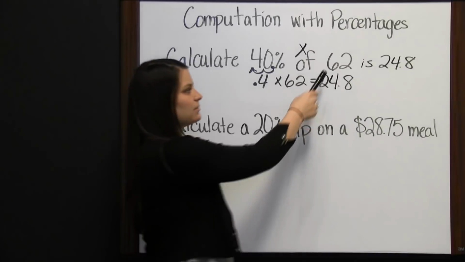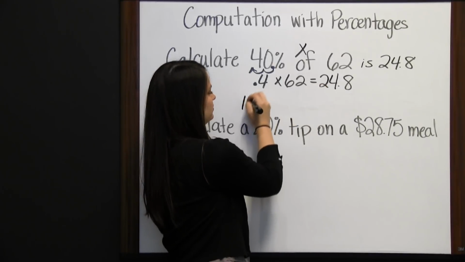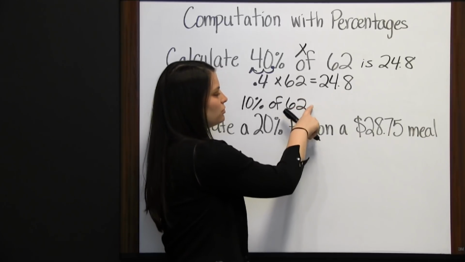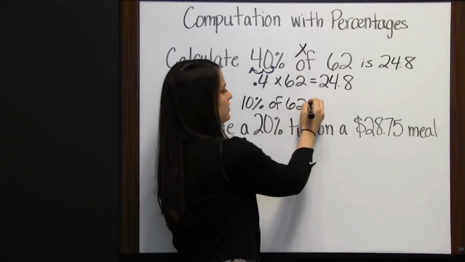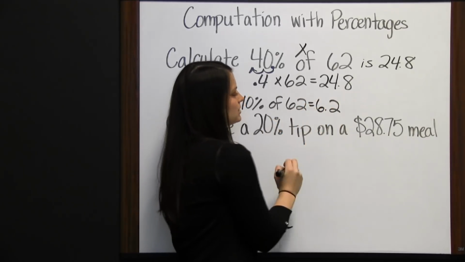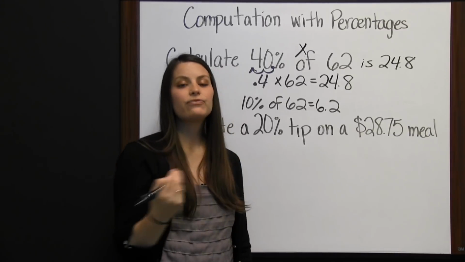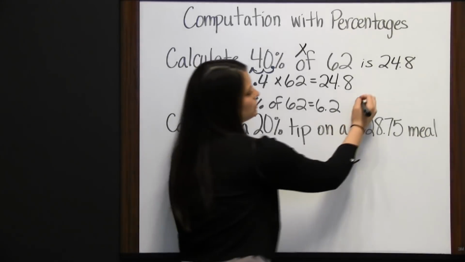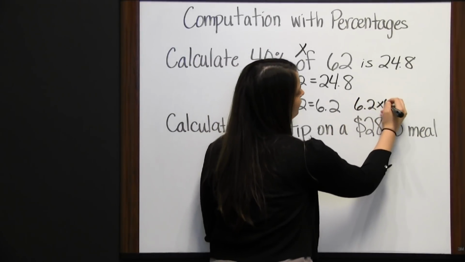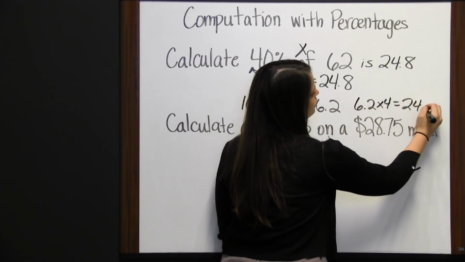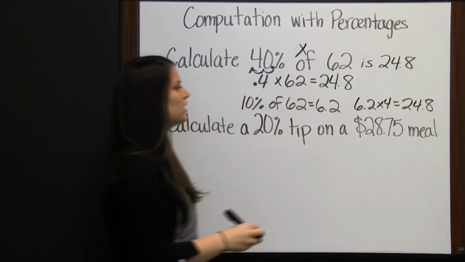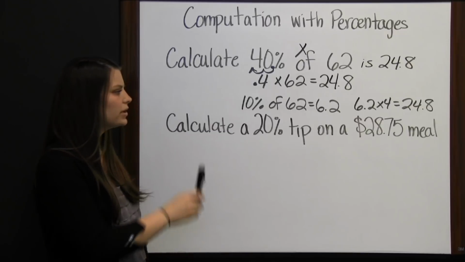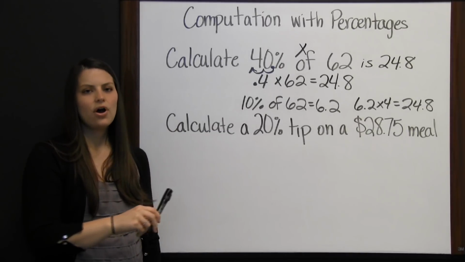So to find 10% of 62, we would just move the decimal 1 place to the left, so that would be 6 2/10. And then we want to do that 4 times, so we just multiply that times 4. So 6 2/10 times 4, which would again give us 24 and 8/10. And this you could do a little easier in your head. Let's look at one more.